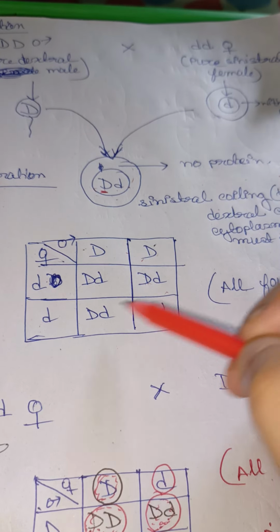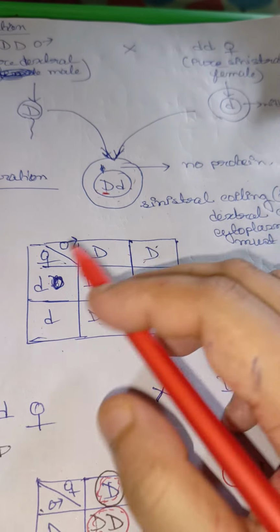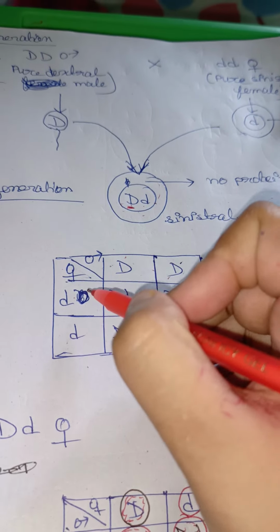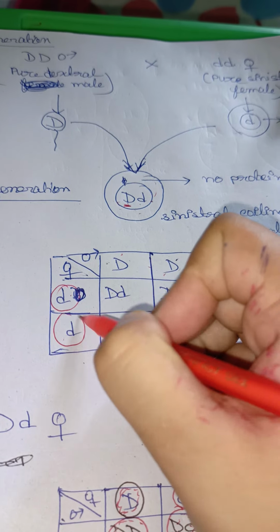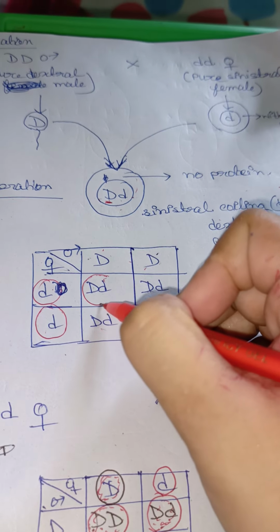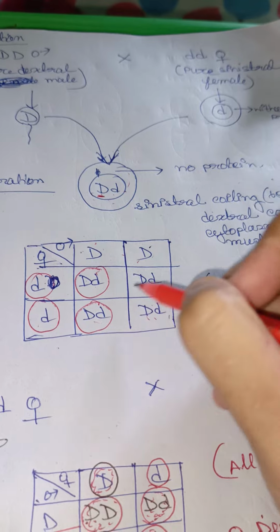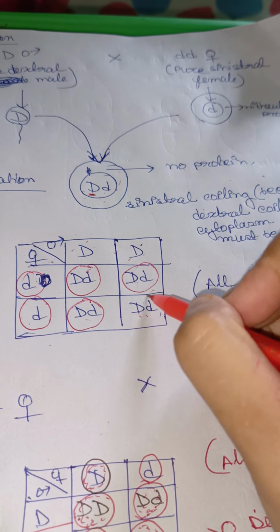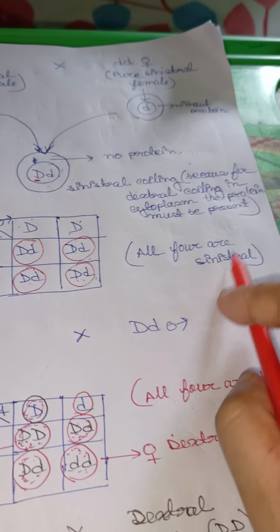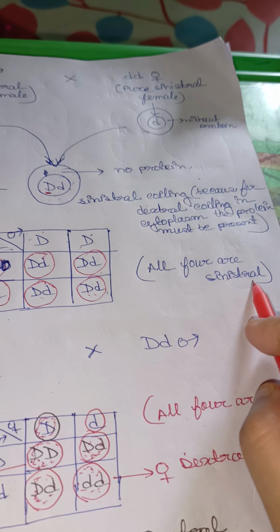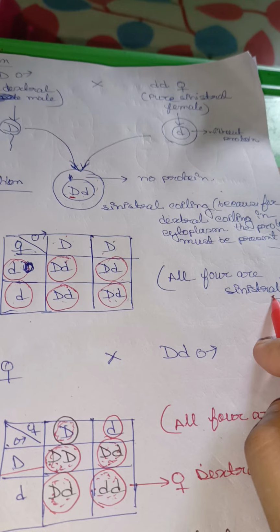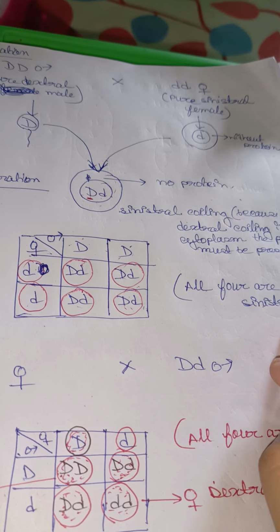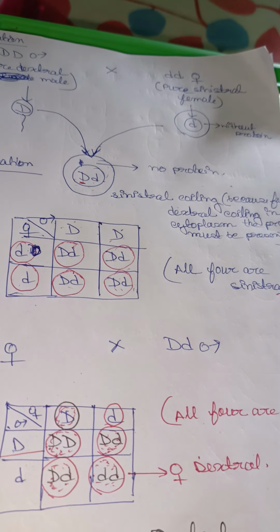In all four offspring, there is no protein in the cytoplasm. That's why all the four offspring will be sinistral, means they will move anti-clockwise, because in their cytoplasm there is no protein. Clear?